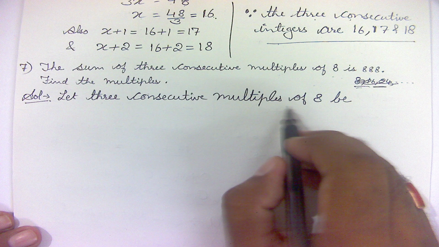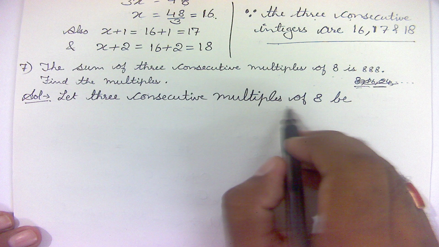So this will give you 296. Then 8x plus 16. 8 multiply 36 plus 16. This will give you 304. So ultimately you are going to get the same values, the same multiples, as the result. So just at the last, write it down. Let me write it down.